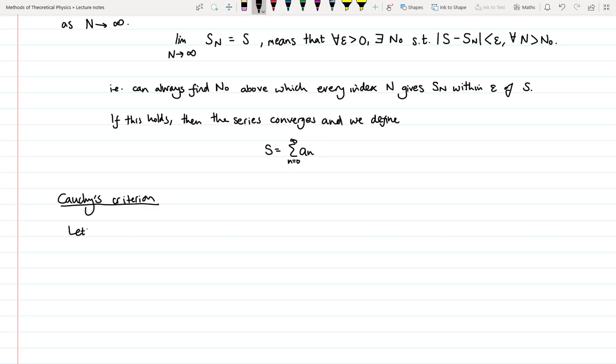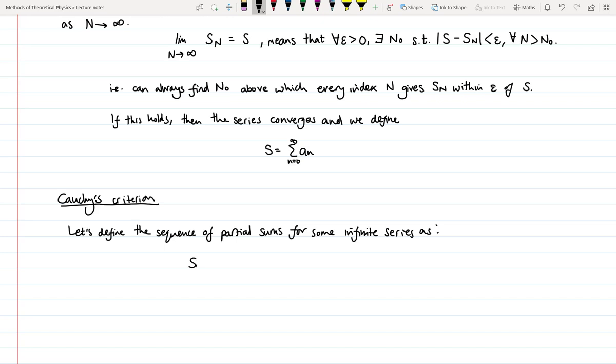Let's define the sequence of partial sums for some infinite series as, so a sequence is just a list of numbers, and in this case the numbers are the partial sums.